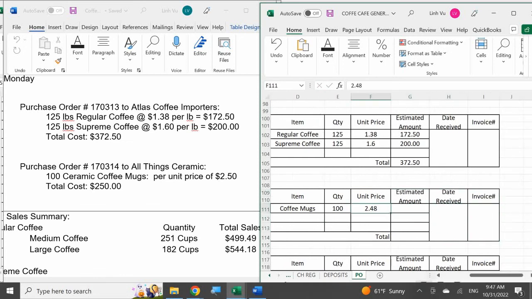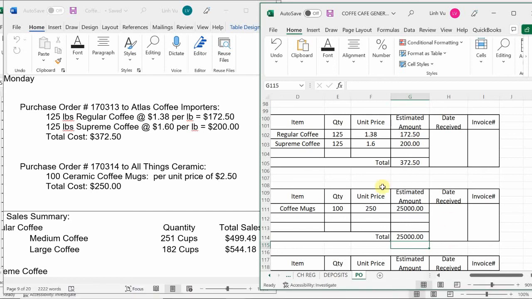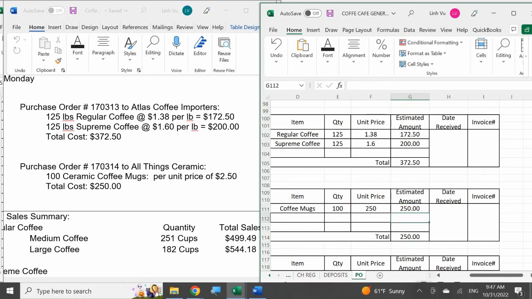For what cost per item? $2.50 per item. So that means we're going to owe $250. That's what we were quoted. Okay. Good.